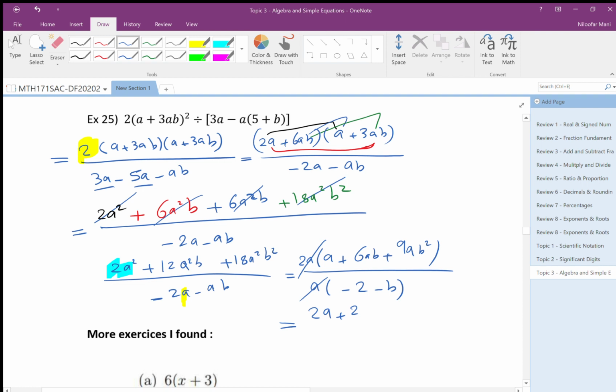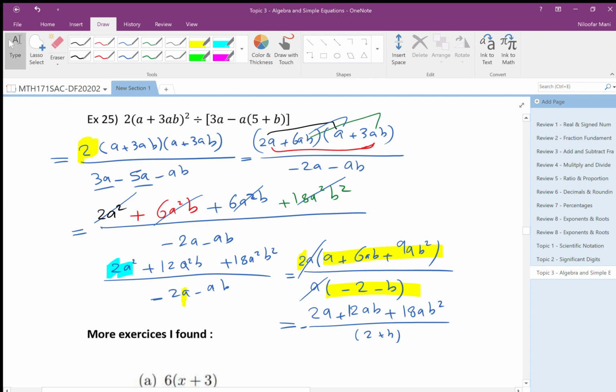So 12ab, what stays? 2 stays, and this stays, and this stays, so now I multiply. So it's 2a plus 12ab plus 18ab squared divided by minus 2 minus b. Or if you like, you can do 2 plus b and put the minus here. Both of them the same.